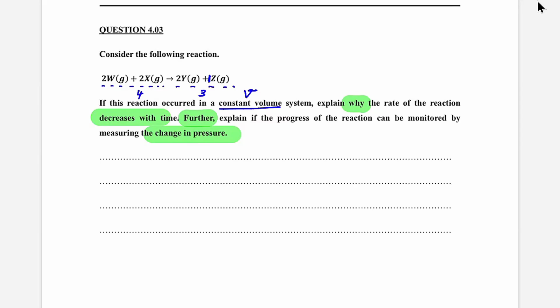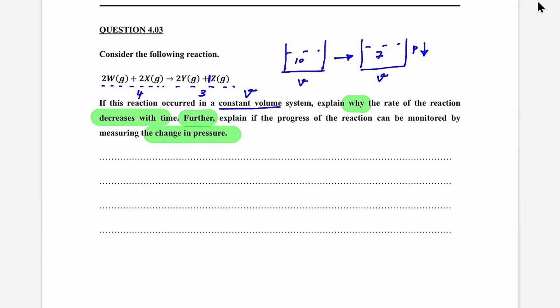If the number of moles is reducing, that means the number of particles is reducing. So this is constant volume. Initially you have 10 particles. Now you have 7 particles. When you have 7 particles, what will happen? Pressure decreases. So that's what it says.